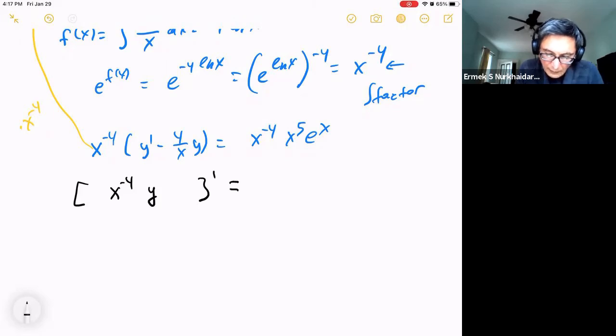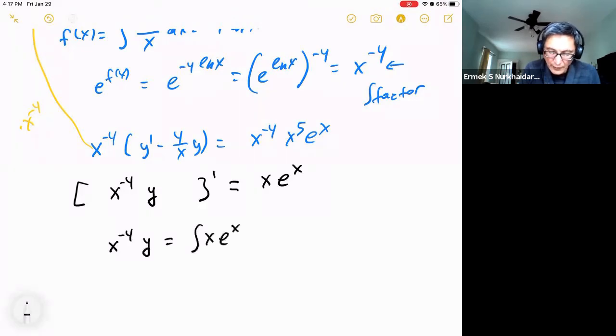The right side, I will work on it. I'm going to get x times e to the x. Then take an integral of both sides. x to the negative 4 y is supposed to be equal to the integral of x e to the x dx.